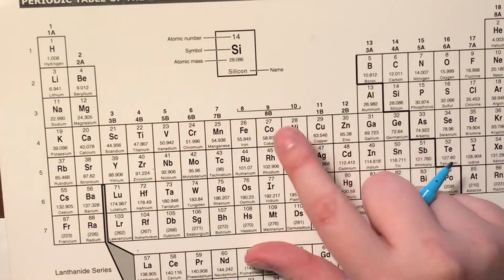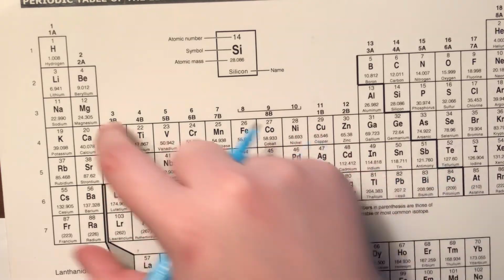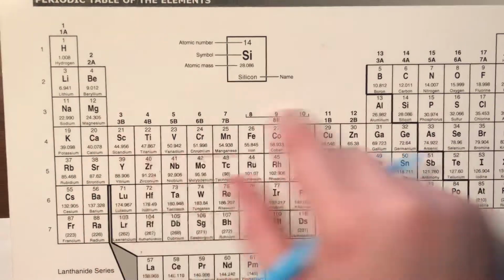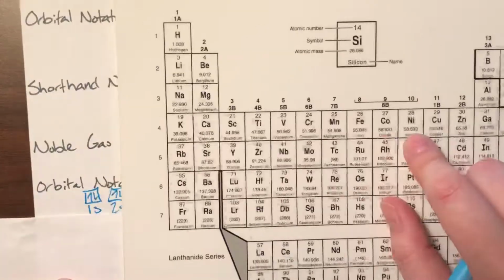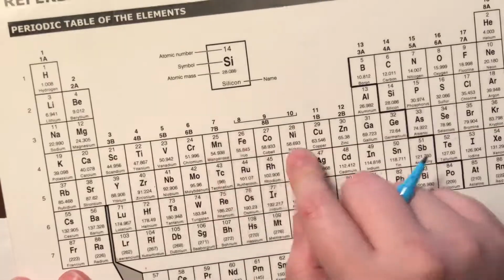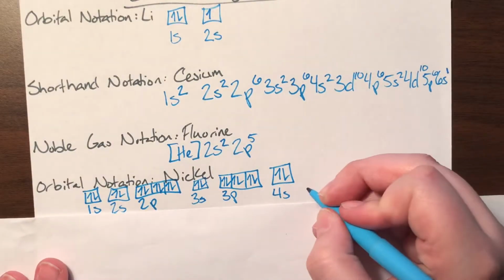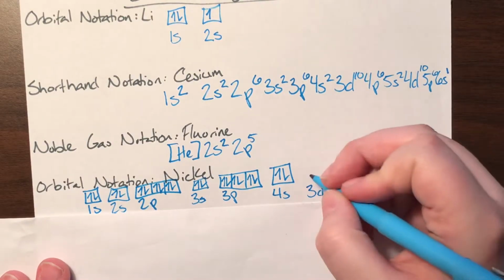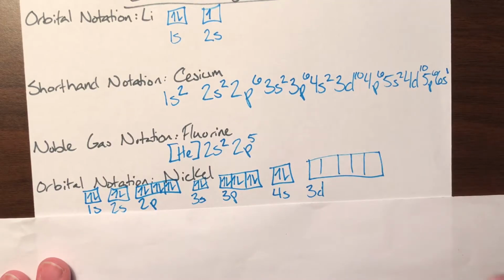And now I am where I need to be careful and watch out. I am in the actual orbital that my desired element is going to be in. That is nickel. And so I need to be super careful. I am in 3d here. And my d orbital is going to have a total of 5 boxes.